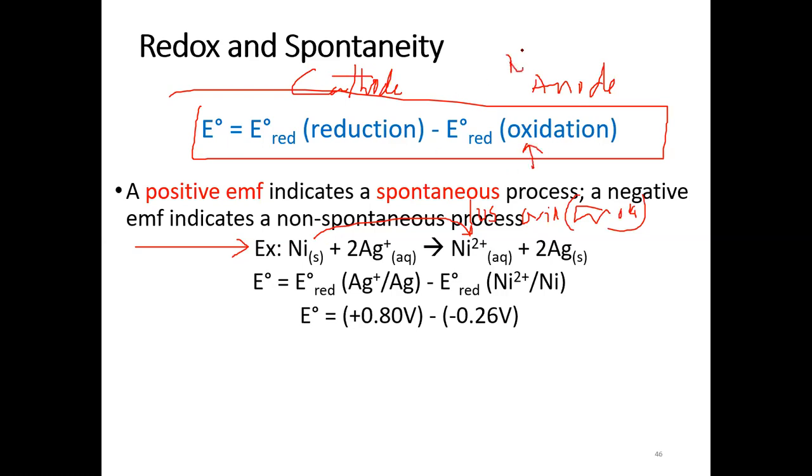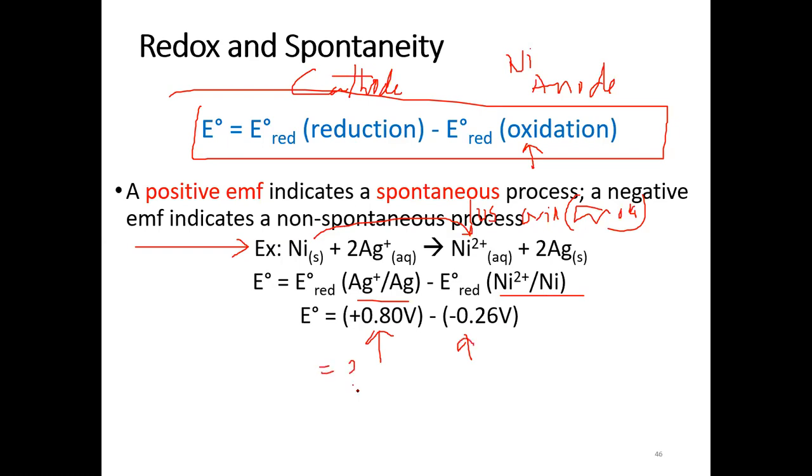Whatever the value for nickel is from the table is going to go to that number. So that's my anode, and that's then my cathode. So cathode here and anode here. Get the numbers from the table, put them in, and get your answer.